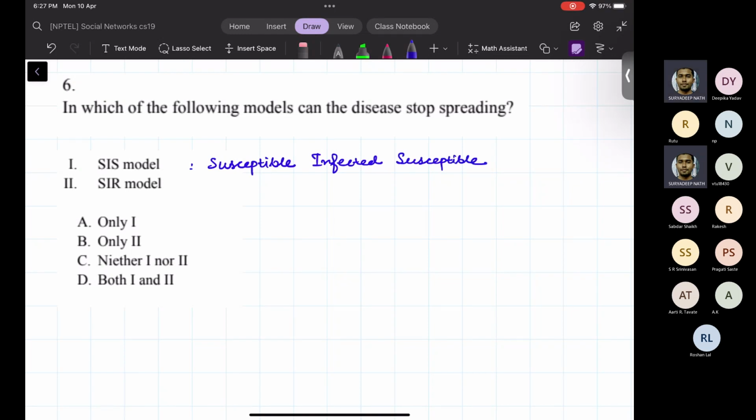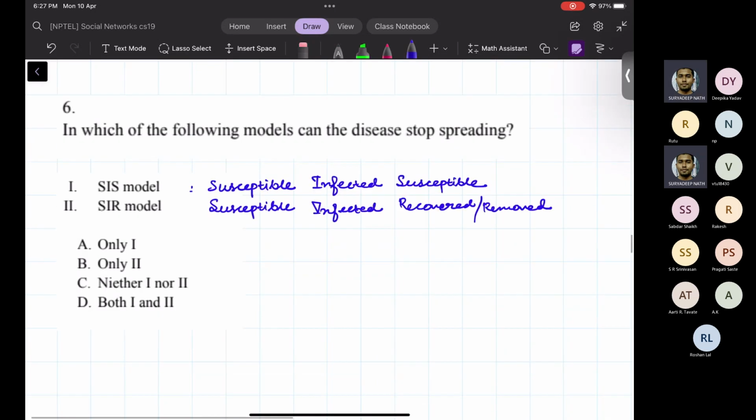Whereas SIR stands for susceptible, infected, and recovered or removed.